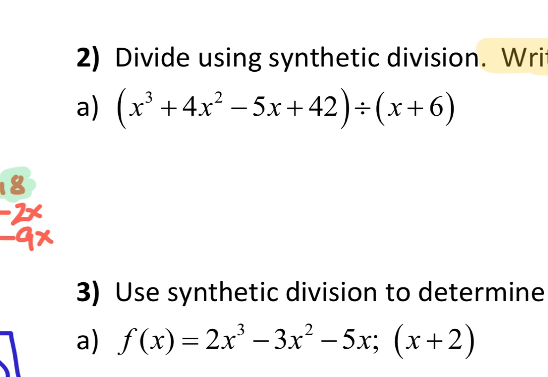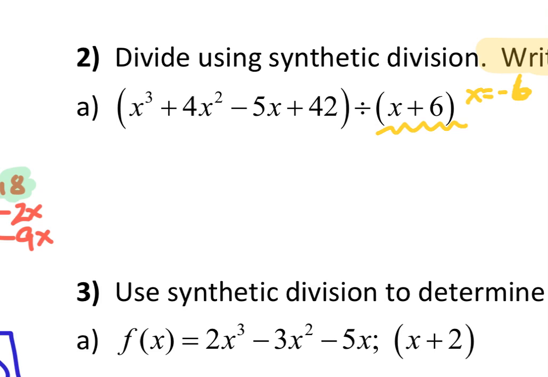So in this first one, remember that if the divisor is given to you as a factor, like x plus 6, not x equals something, but as a linear factor, then that's the same as saying x equals negative 6, and that's when you change the sign. That's a 6.